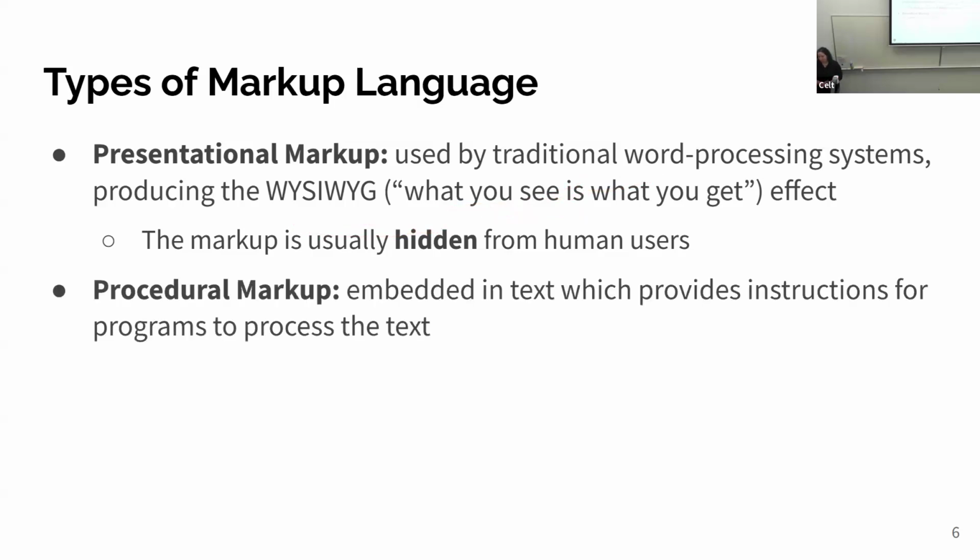The other type of markup language is called procedural markup, which is embedded in text, which provides instructions for the programs to process the text. Examples of this are troff, TeX, which is what LaTeX is based on, and Markdown. Markdown is what's used in GitHub.